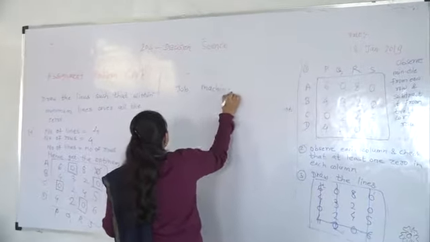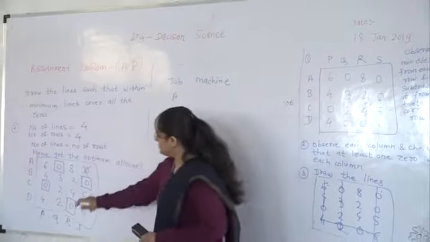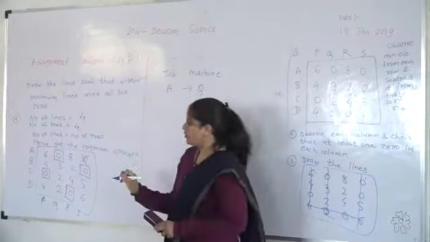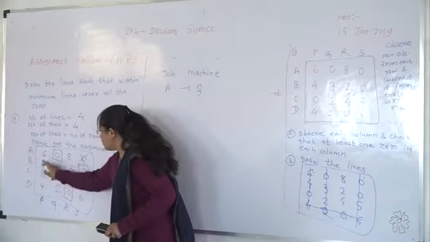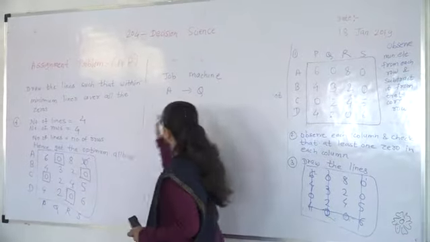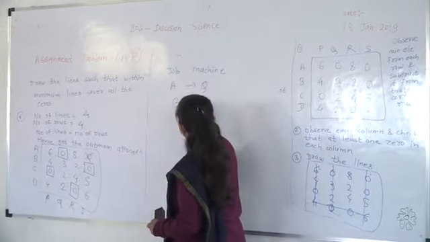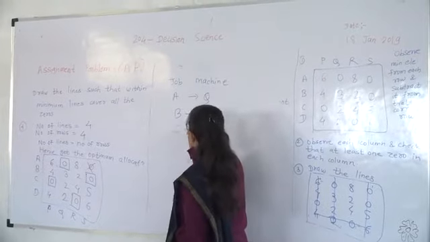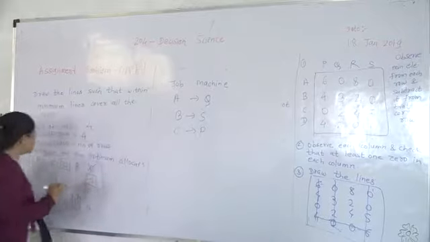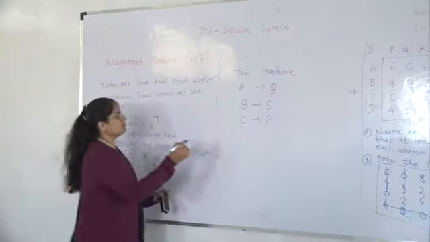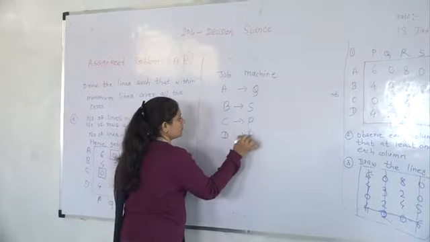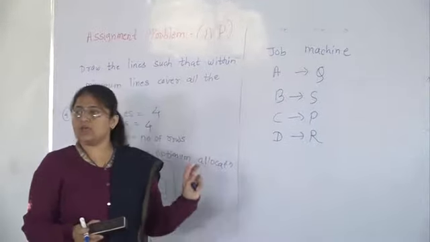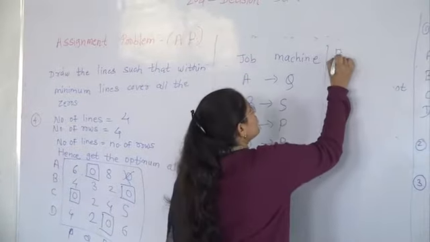So allocate job A to machine Q. Allocate job B to machine S. Allocate job C to machine P. Allocate job D to machine R. See here, there is no repetition: A, B, C, D, P, Q, R, S. So allocation should be such that, and what is the processing cost?